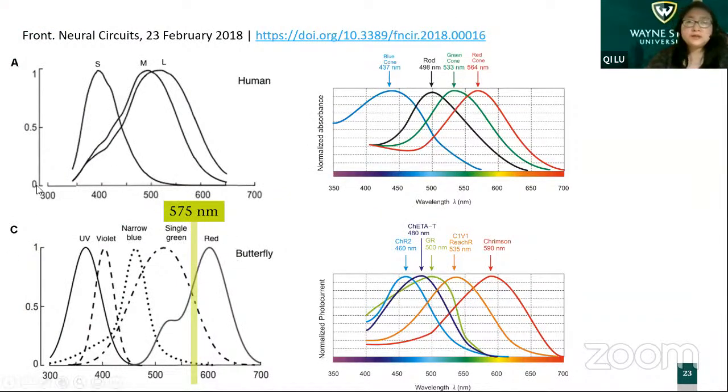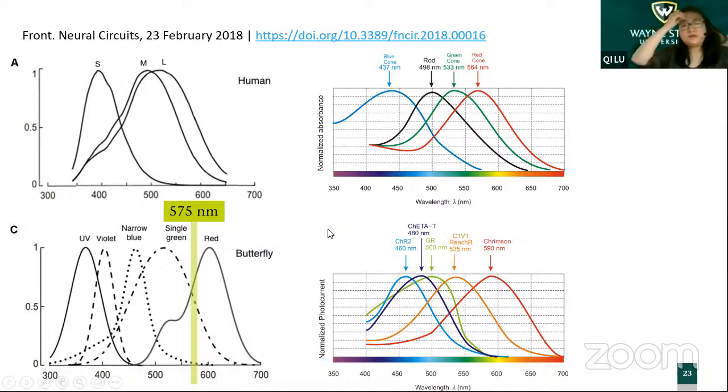For a human being, the color information comes from short wavelengths, medium wavelengths, and long wavelengths. But for the butterfly, it's a very vivid colored world. It has five opsins that are sensitive to UV light, violet light, narrow blue, single green, and red.